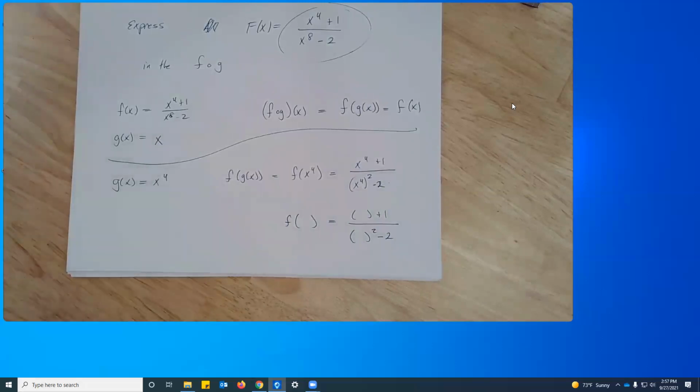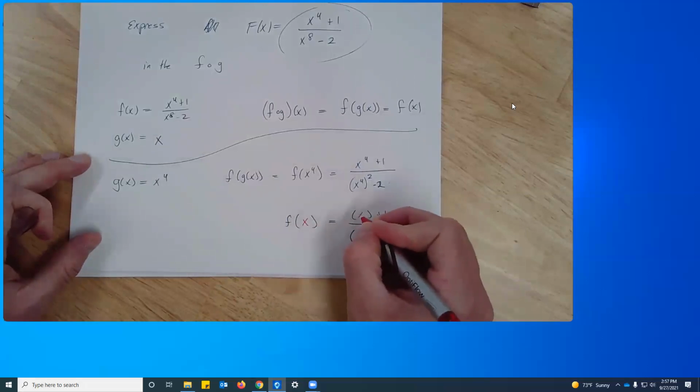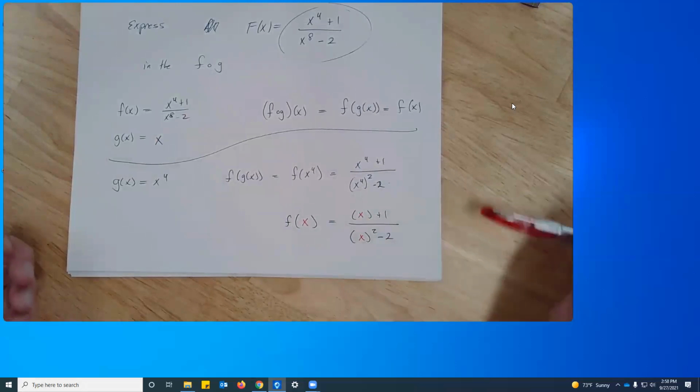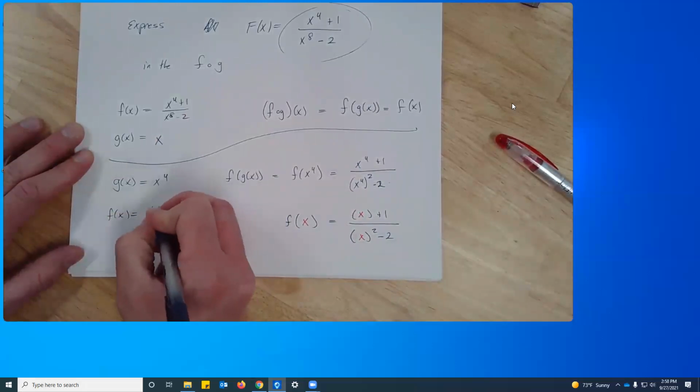But now put whatever you want for the x to the 4th. I'm going to put in x. And now we can see, oh yeah, f of x is just x plus 1 over x squared minus 2.